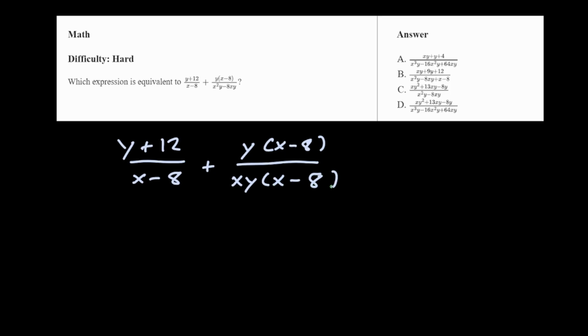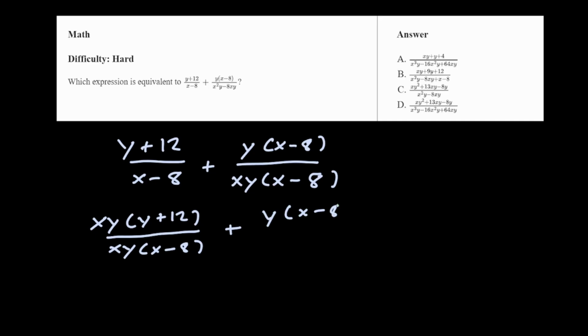Let's get a common denominator and multiply the left side by xy over xy. So we get xy times y plus 12 over xy times x minus 8 plus, this is already in the correct form, so we just have y times x minus 8 over xy times x minus 8.